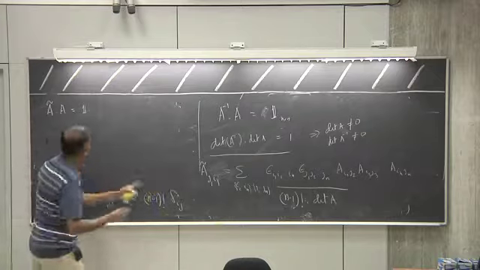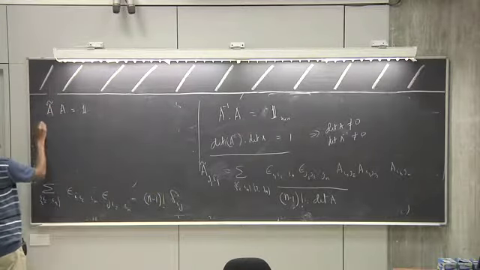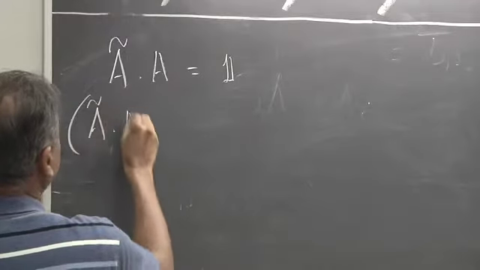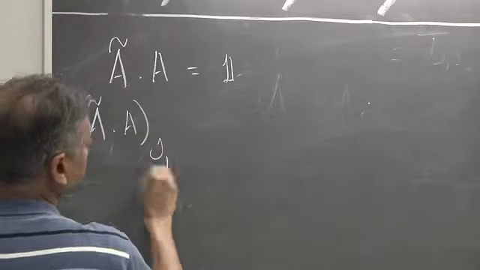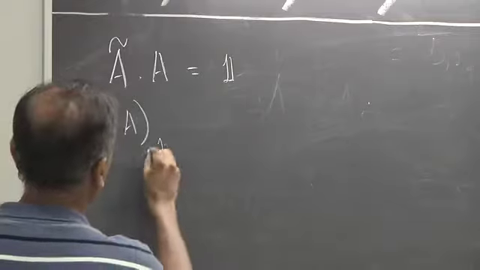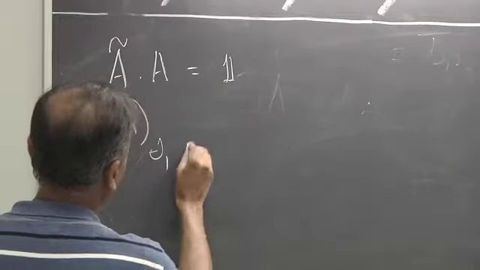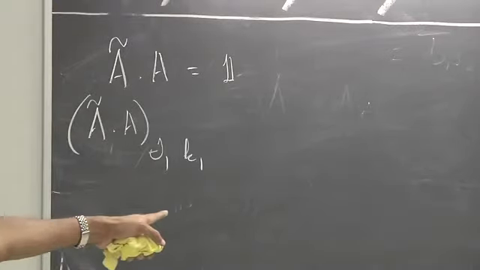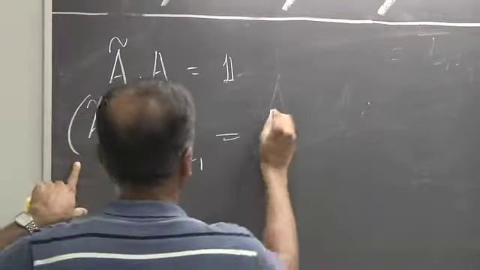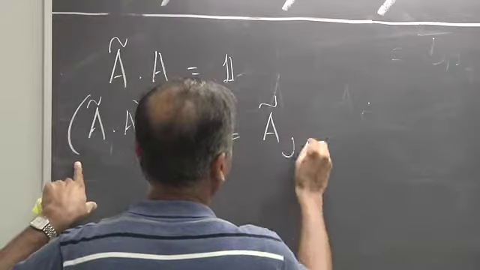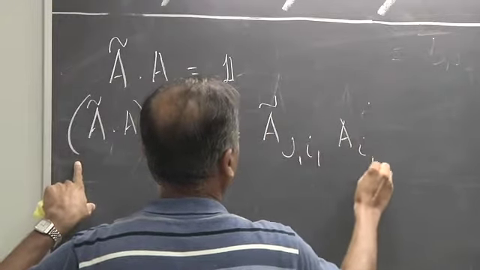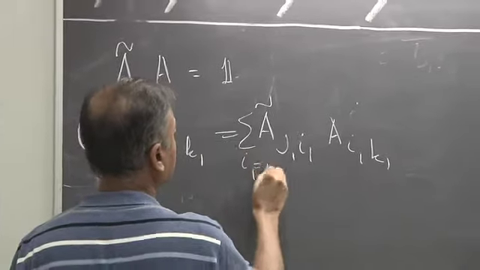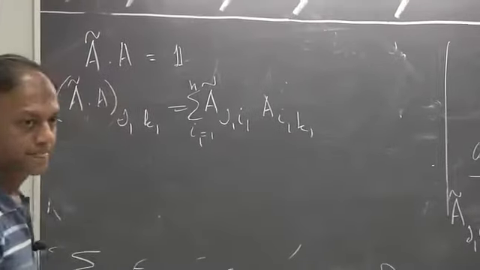Let's look at A tilde times A, the j1th row and, let's call it, k1th column. This by definition is A tilde j1 i1 times A i1 k1, by the matrix multiplication rule, where i1 is being summed over.